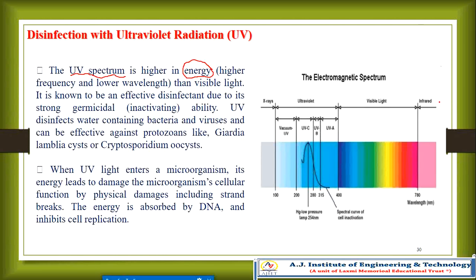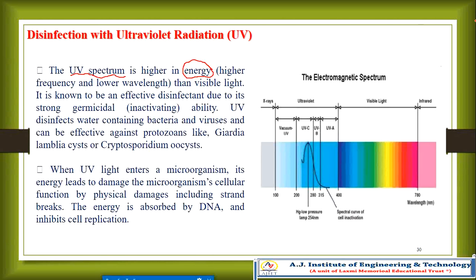After that there is the infrared zone and the visible light zone. So wavelength depends. Now, the UV spectrum has higher energy, higher frequency, and lower wavelength than visible light. Ultraviolet, especially, I am telling about the UV spectrum.